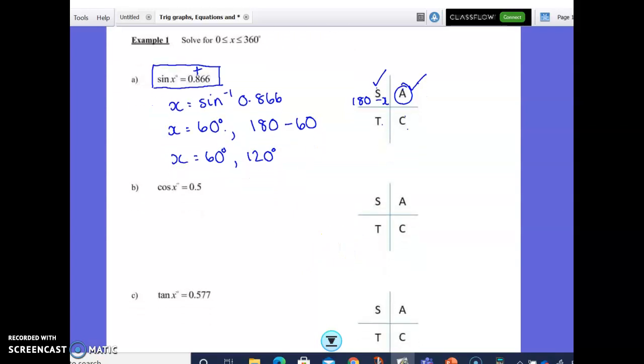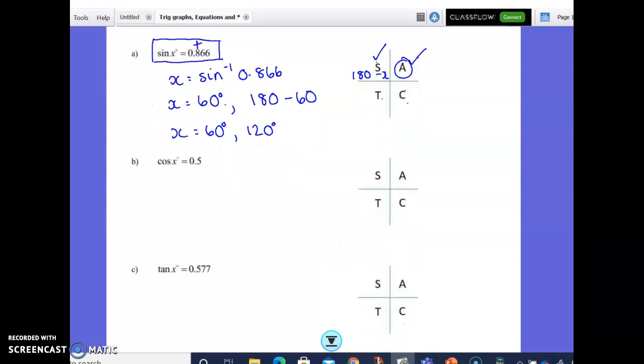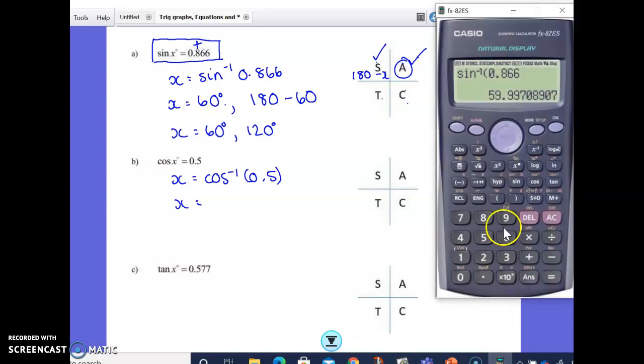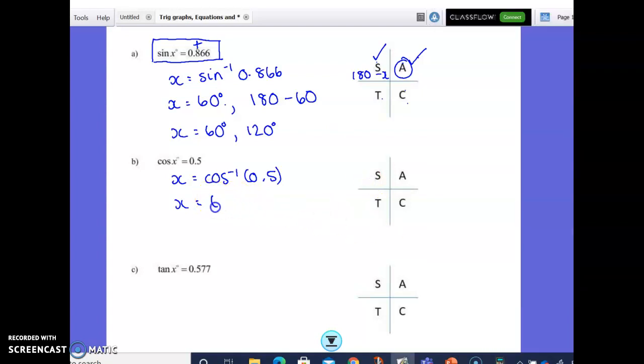Let's try the next one. Next one, we've got cos x equals 0.5. First thing I need to do is use my calculator. I need to do cos to the minus 1 of 0.5. That comes out at 60 degrees. Then I want to decide where is my answer going to be. And I always go back to this original question to decide it.